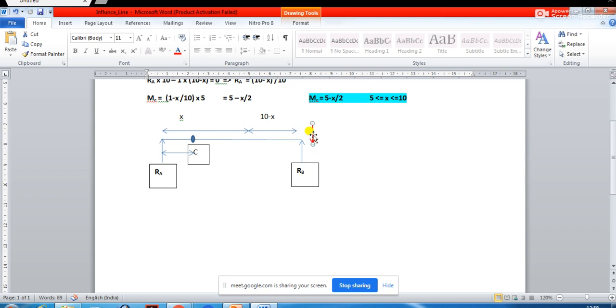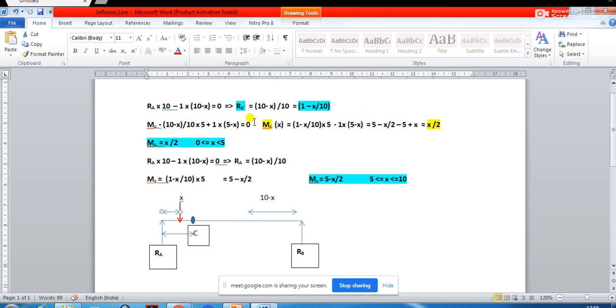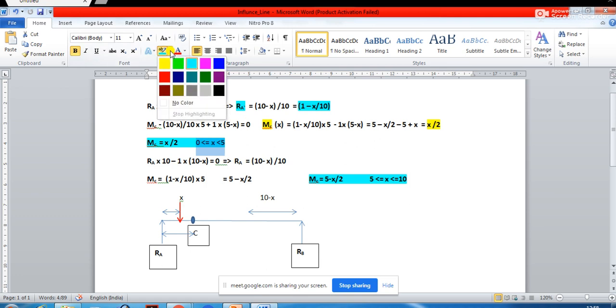So what you will have to do in this case also, you will have to get two equations for finding out the shear force. One equation will be for this distance, for 0 to x up to 5. So basically x is greater than or equal to 0 and up to 5, and the other equation you will have to find out for the other portion of the beam.